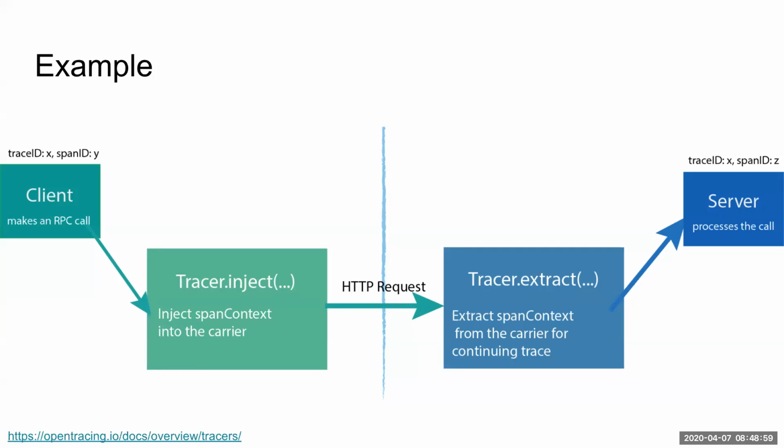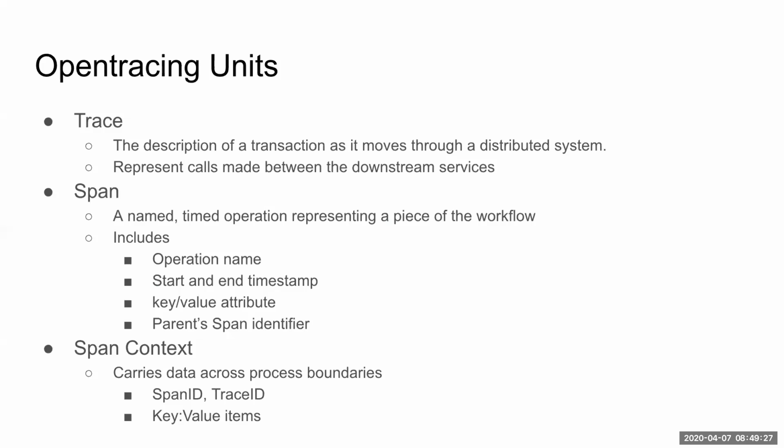So on the server side, you need to create another span based on the client's span ID. So the client's span will be the parent span of the server side. And the span on the server side will use the same trace ID. So in the database, they will know, okay, those two spans belong to the same trace. So we will be able to build a graph like I mentioned here, the time series here.